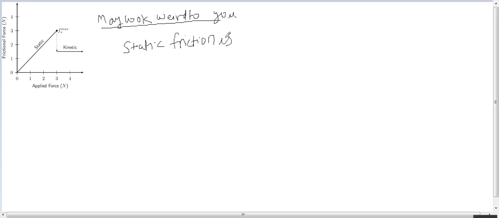It is not constant. But kinetic friction, when the object starts moving, is constant.